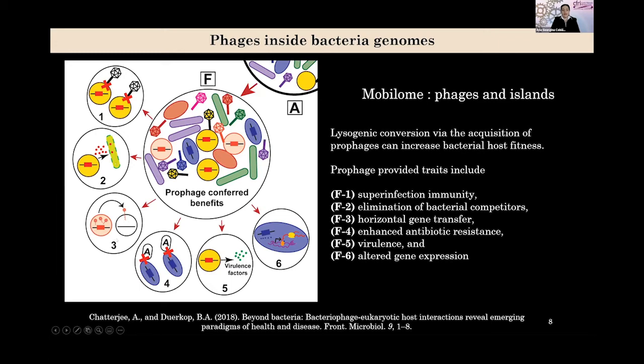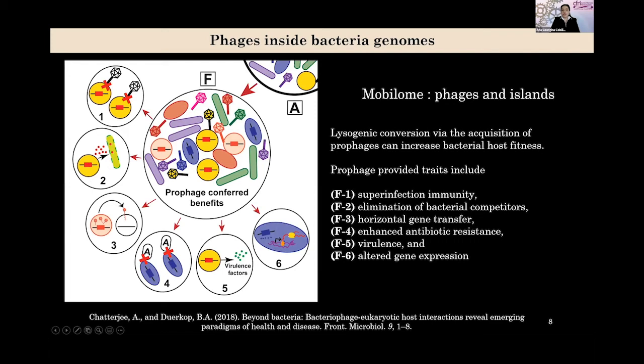They can do horizontal gene transfer, which is just sharing their genes with other microbes around. They can enhance the antibiotic resistance mechanisms, which means they can enhance the function of efflux pumps, etc. They can encode virulence factors, like the case we saw before with Shiga toxin induction that was encoded by a phage, or they can alter the gene expression of several genes in the bacteria.